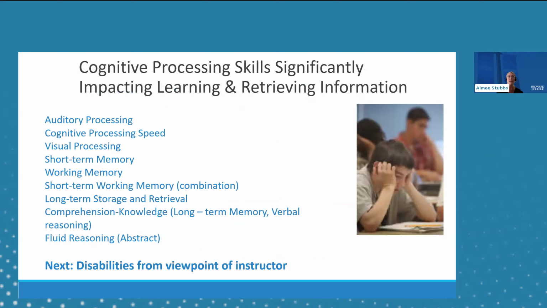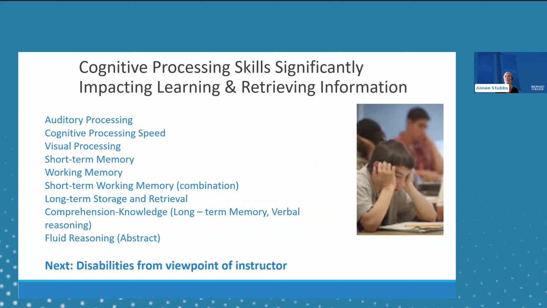Next slide. So cognitive processing skills, we talked a little bit about that with some of the areas, but this really impacts the learning and retrieving of information, because we have to think it's not just about receiving the information, it's how those students are going to process it and express it. So we have to think about auditory processing. That's why sometimes you have note takers.